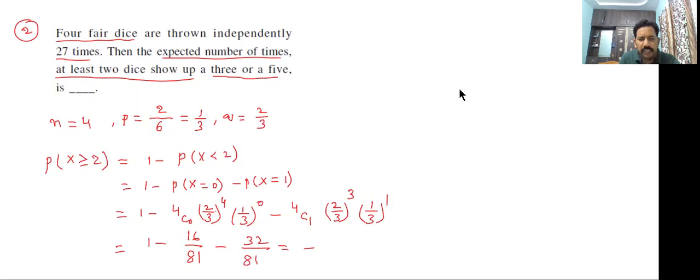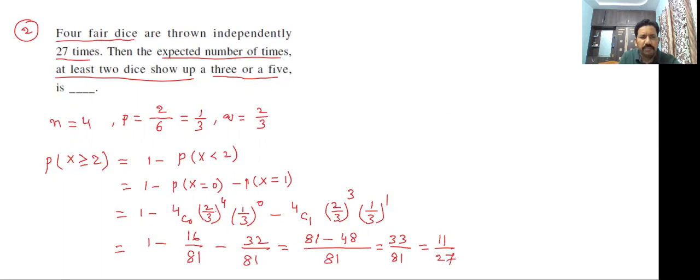Here take the LCM. 81 minus 16 minus 32, how much? Minus 48. So here we get 33 by 81. So that means 11 by 27.